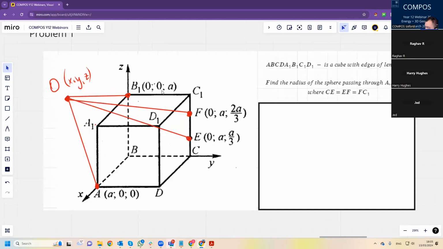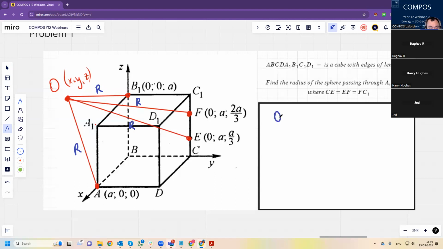So what we need is a sphere. If we have a sphere, that means somewhere there's a point which is the center of that sphere, and that means these distances are equal to the radius of the sphere.